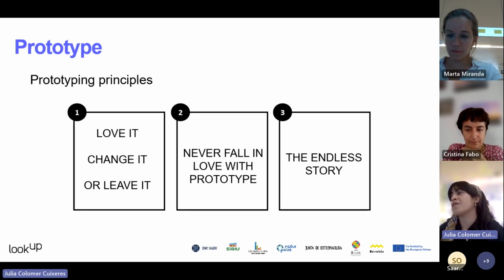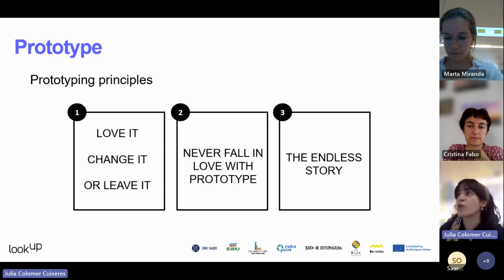Never fall in love with the prototype, because you are going to be changing it all the time. So it's impossible, and it could be an endless story, in the sense that you will be trying to improve the prototype all the time. So it won't always be the same.